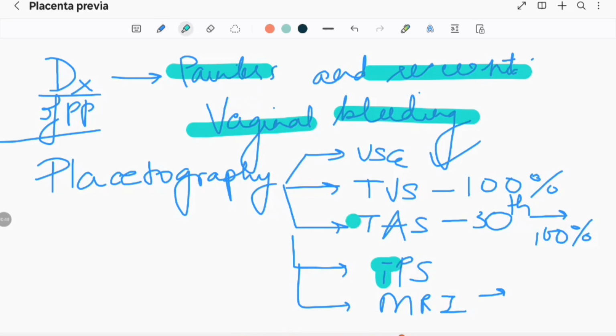The accuracy after 30th week is almost 100%. TVS is even more accurate than TAS, and it's safe and obviates the discomfort of a full bladder and is most accurate, almost 100%. And then there is also one more called the TPS. There is also color Doppler and MRI, which does not have a risk of radiation.